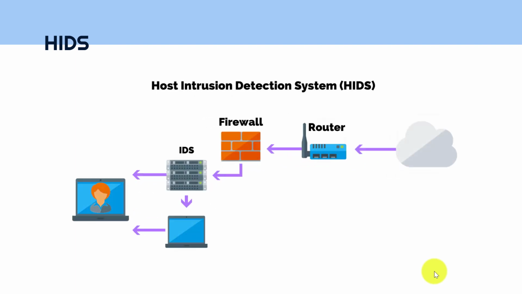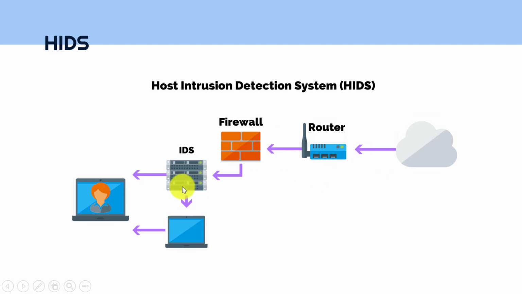Another type of IDS is a system that monitors and participates in the operating system. This type of intrusion detection system works by consulting the data in the system file of the computer it protects. As you see in the picture, this part is packet from networks.